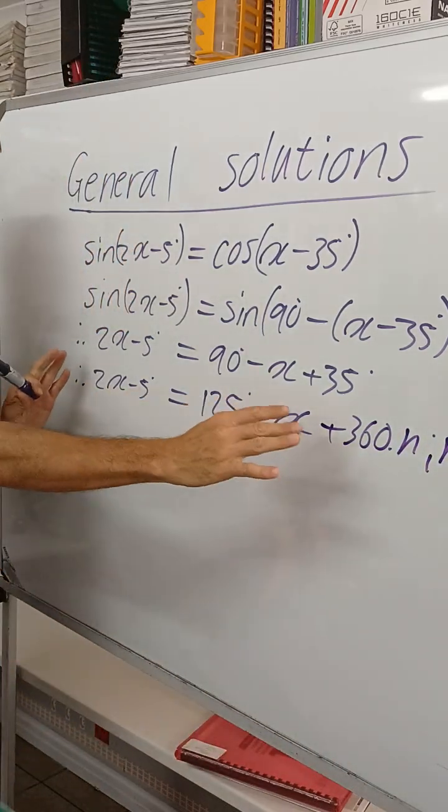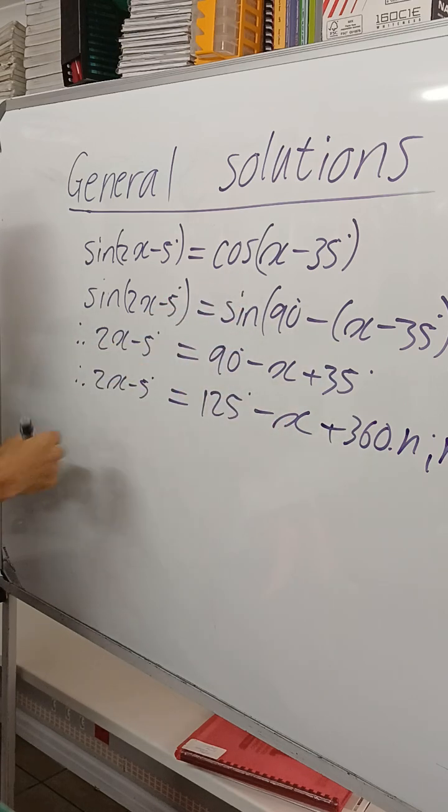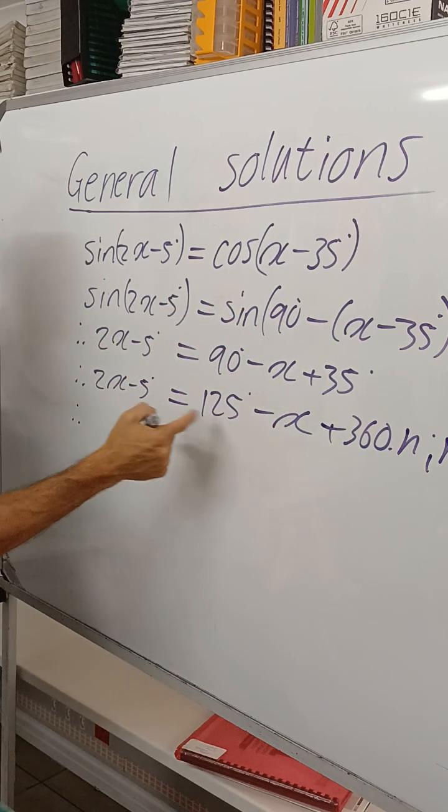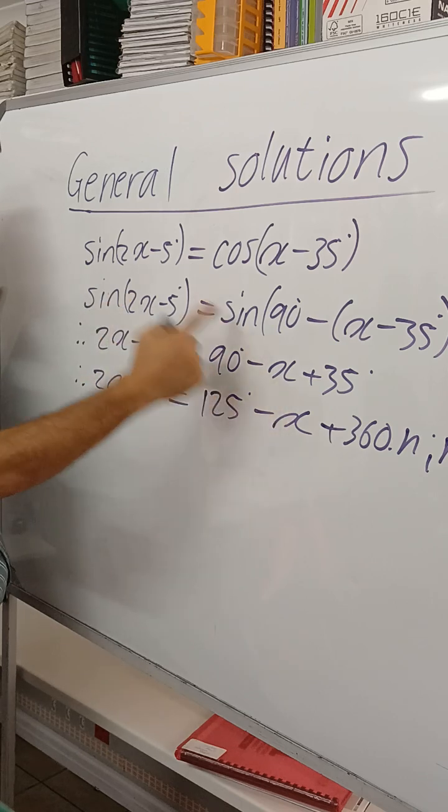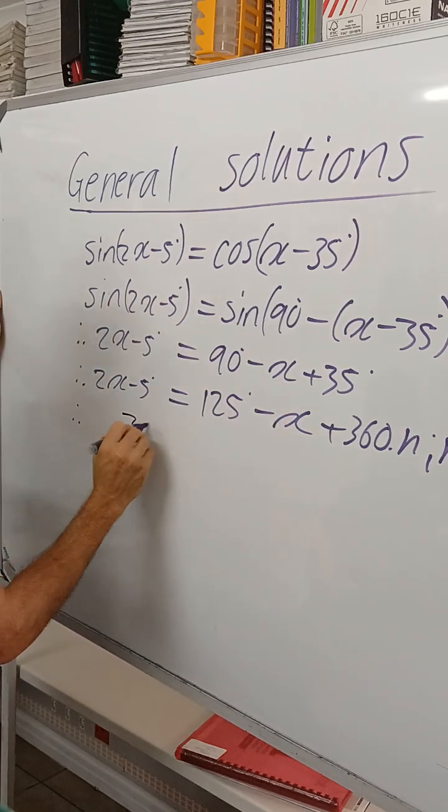Let's first simplify this one before we start with the other option. So if I take the x over, 2x plus x will be 3x.